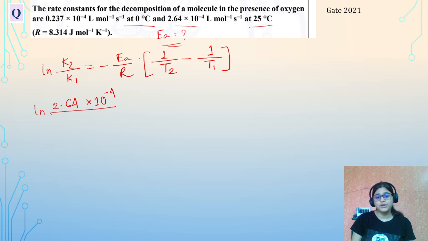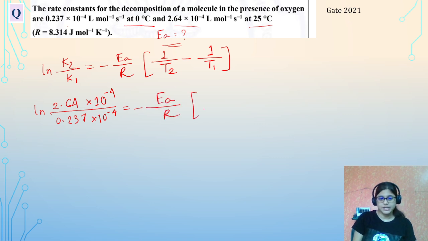Okay. The corresponding temperature value you should put here. So I am taking K2 as this, then K1 will be this first one, fine, and minus EA by R.